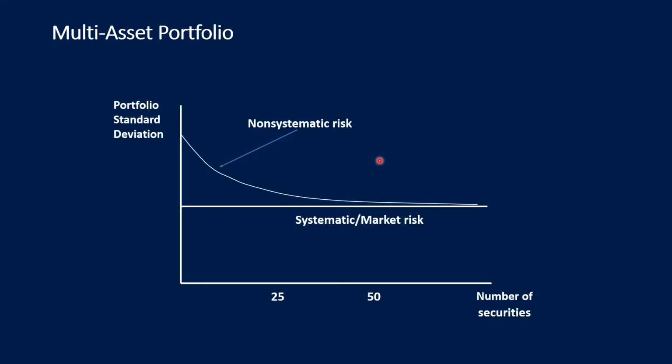If we now put more and more securities or assets into our portfolio here on the x-axis, of course we see a diversification effect. So the risk at the beginning is going down due to diversification, but it will not vanish. It will rather stop somewhere here or tend to the systematic or market risk that we can't diversify away.